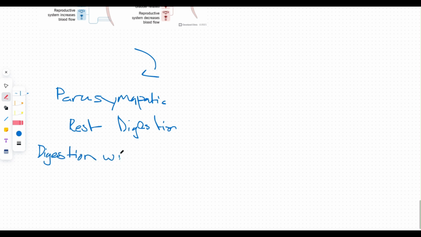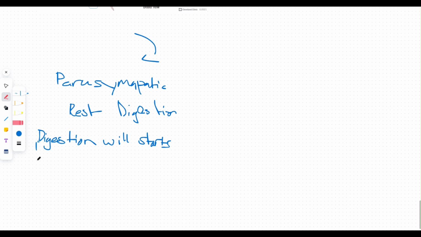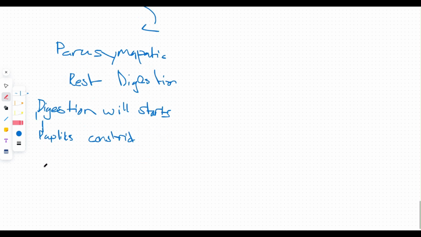digestion starts. Your pupils will constrict, which means you won't be able to see as clearly. Your bladder will also constrict, allowing you to pee.